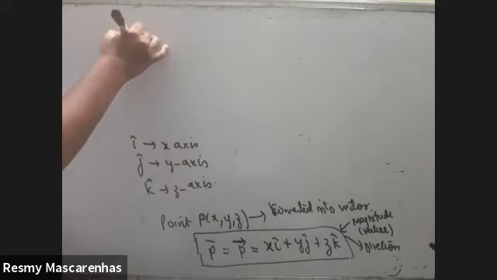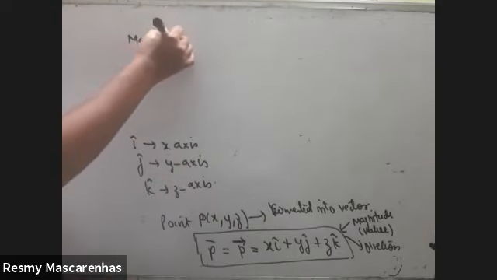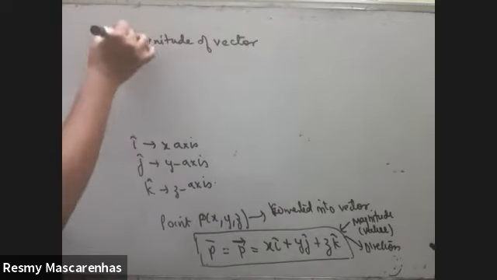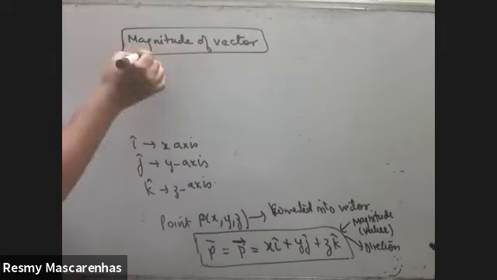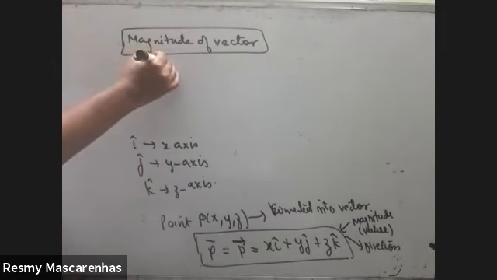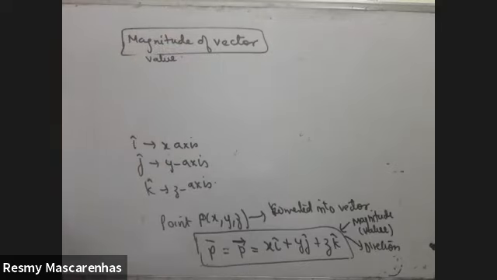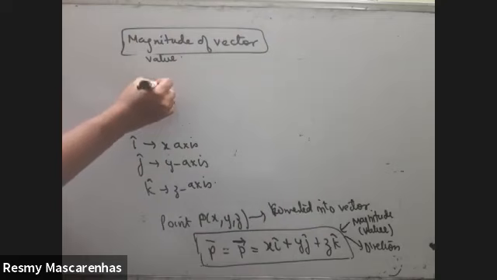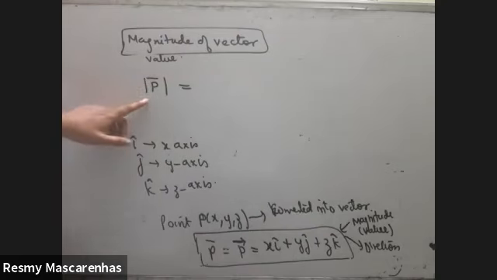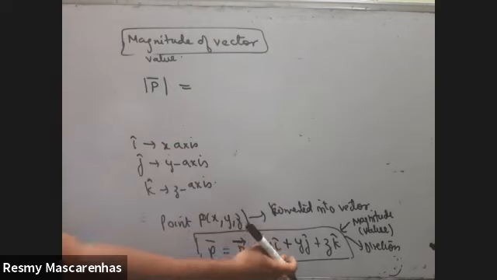Okay, so the magnitude of a vector, also called the scalar or just the value of the vector. You put a magnitude sign like this, the same as the modulus sign. I want to remove the direction.